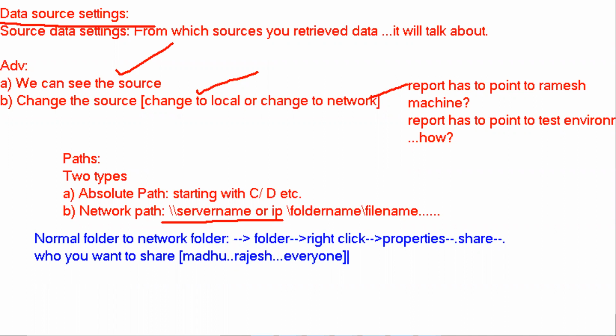That means the folder is accessible by Madhu, Rajesh, or everyone. Folder accessible, that's what sharing is. Once you make it, the network path is automatically ready. That is the way we will change the setting. If you want to take a network folder, this is the way you will do that.